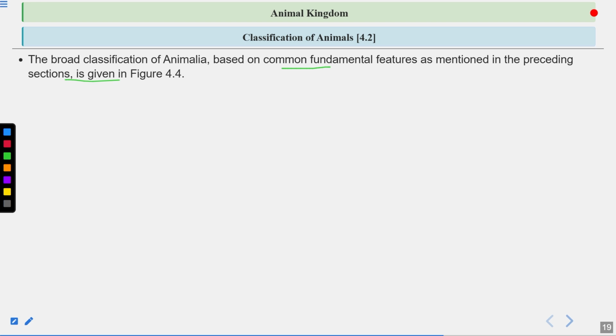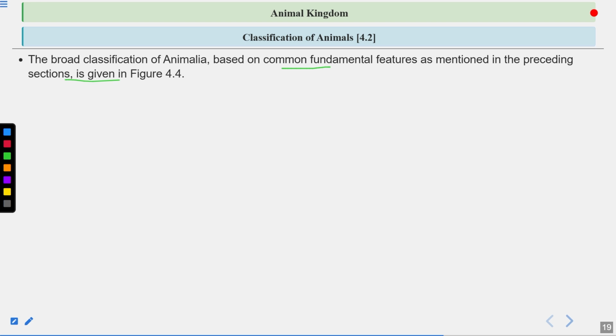The organisms in which this notochord is present are called chordates. Just remember this. When we study chordates, we will discuss in great detail notochord, vertebral column, nerve cord. But till here, just remember notochord presence is chordates. Notochord absent or not found is non-chordate.